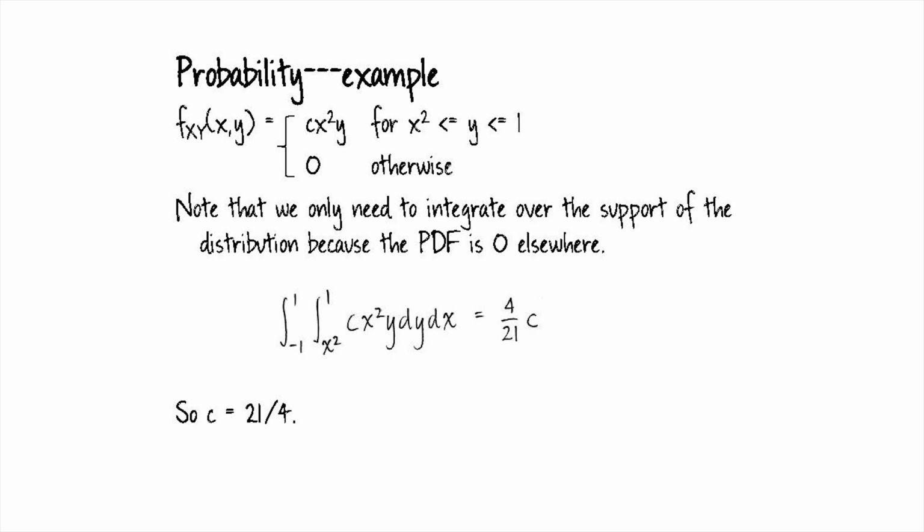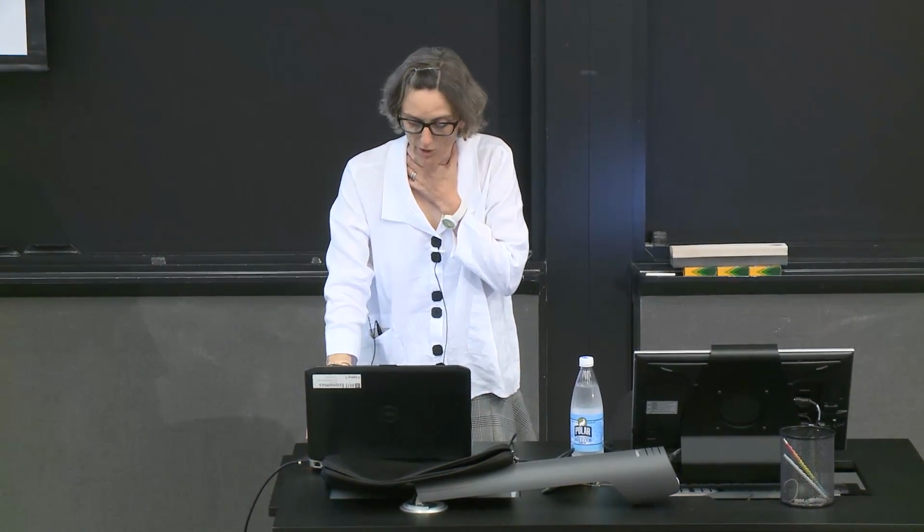You might be a little puzzled as to how I got these limits of integration if, for instance, you haven't taken calculus in the last year or so. Maybe you're a little rusty about that. So let's take a look again at the picture of the support and see where these limits of integration come from.